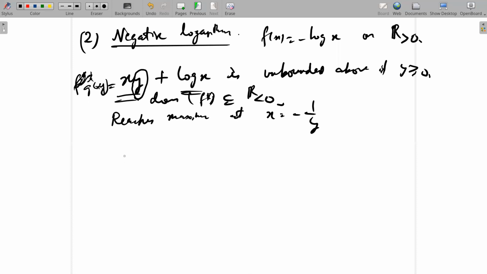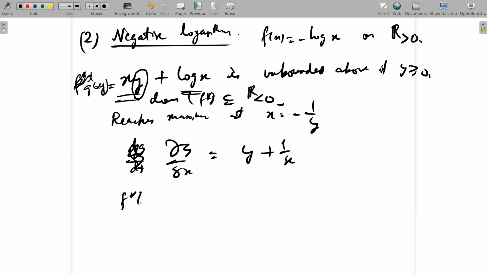Y is fixed. So I take dg/dx, or partial g partial x, which is equal to y plus 1 over x, which means if I set it to 0, I'll get x equal to minus 1 over y. So it reaches maximum at this point.